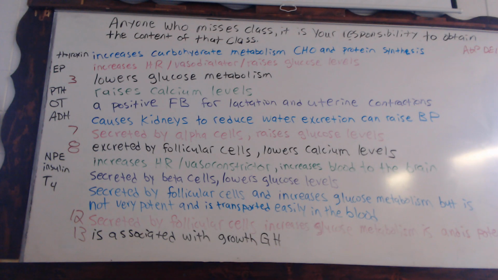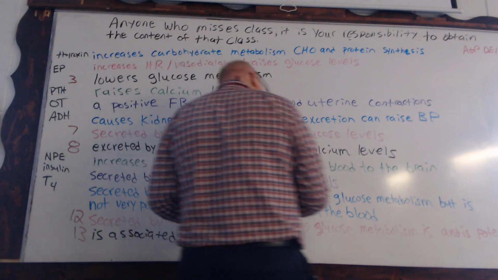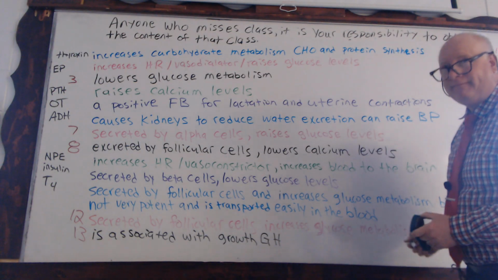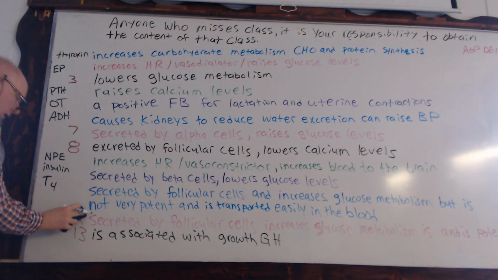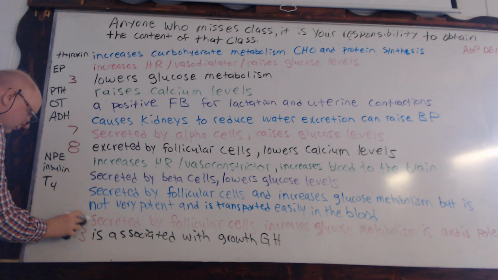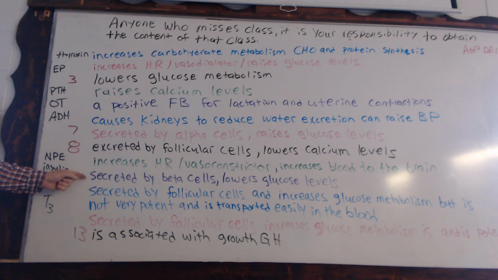Number 12. Number 12 is which one? T3. Okay. Yes, number 12 is T3. And notice that we had these written next to one another. And there is a reason for that. Okay?